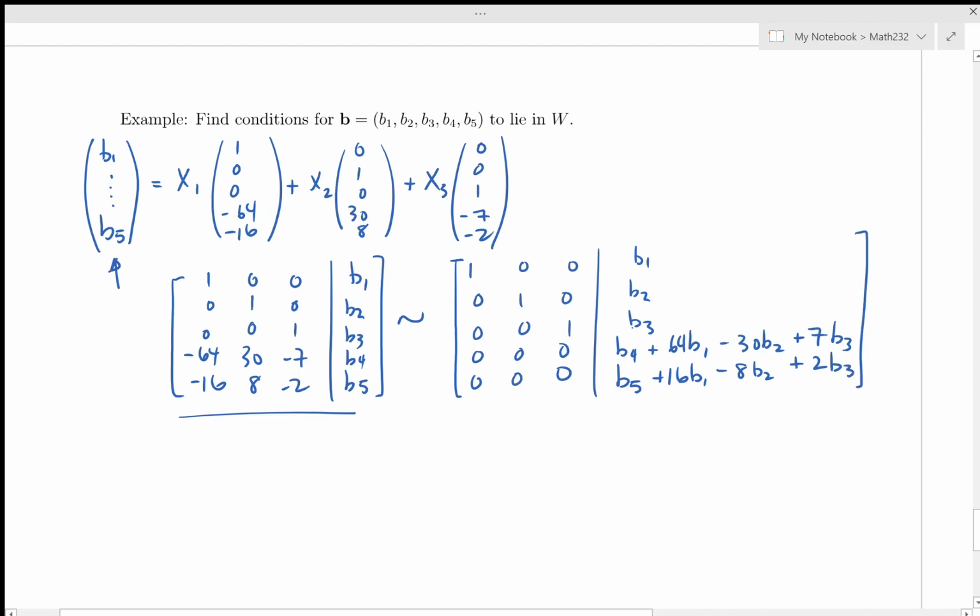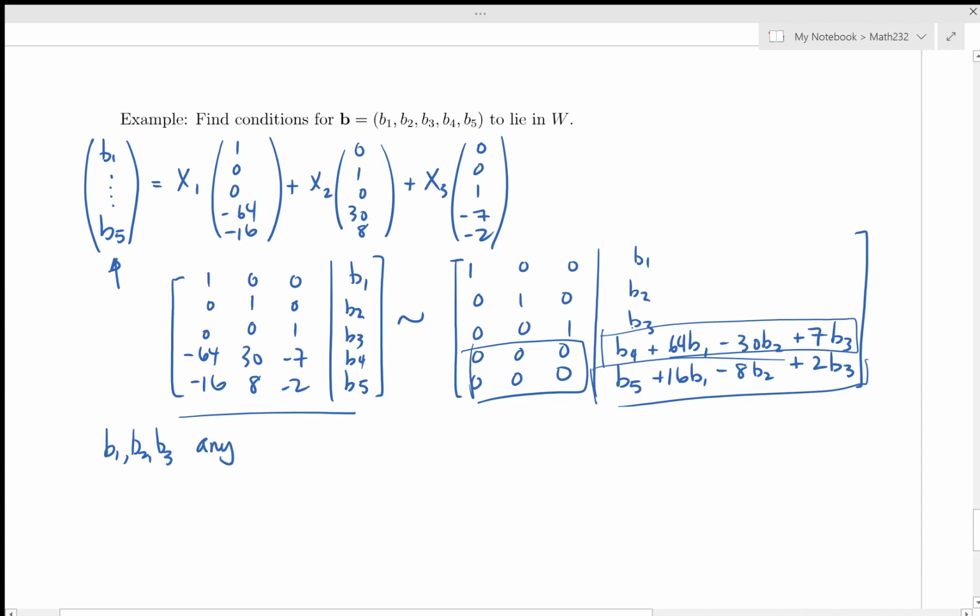Now I want this system to be consistent. Otherwise, I cannot find values of x1, x2, and x3. You can see that these things here are all 0, which means that these two guys have to be 0 for consistency. So that's telling me that b1, b2, and b3 can be anything I want.